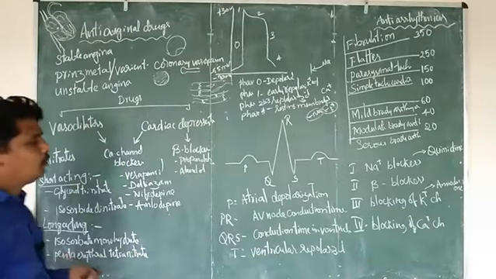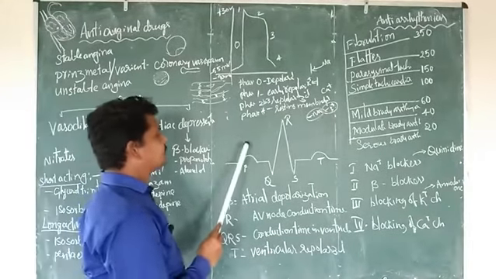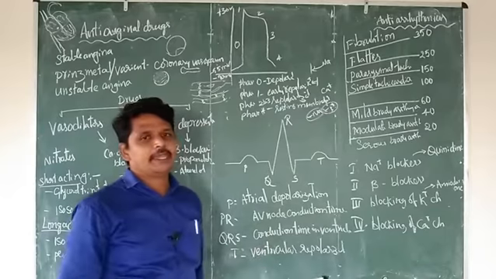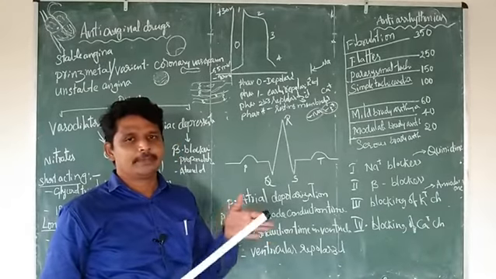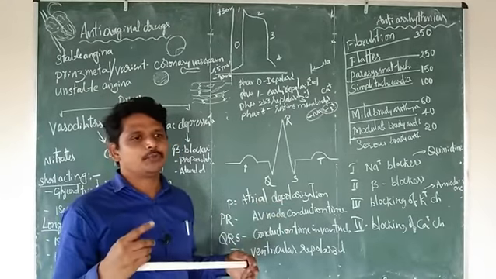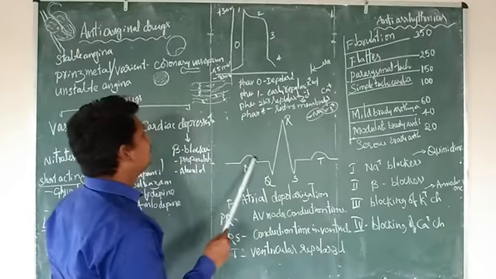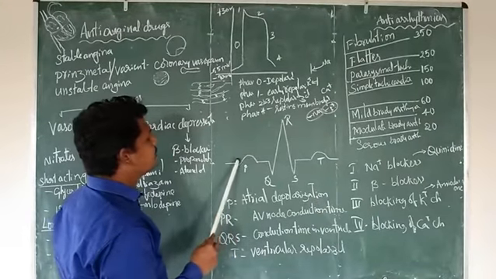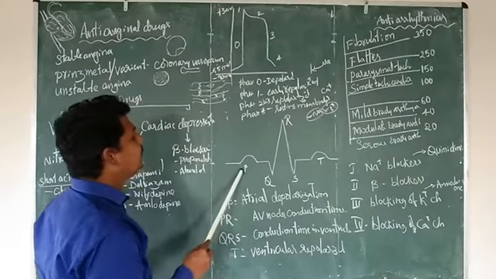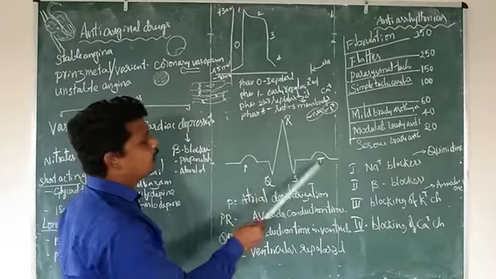So here normally the ECG is taken on graph paper, where each small box is 0.2 seconds, so we can say how much time it takes to contract the atria and ventricles.